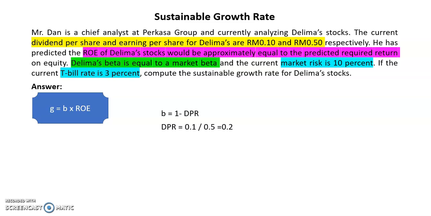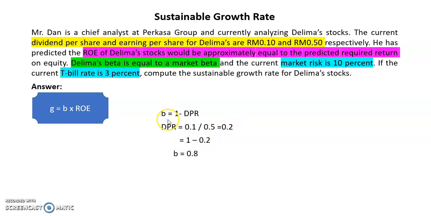In this question, they give us information on DPS and EPS. DPS is 10 cents and EPS is 50 cents. So we use the figures in the formula and we get the value of DPR as 0.2.